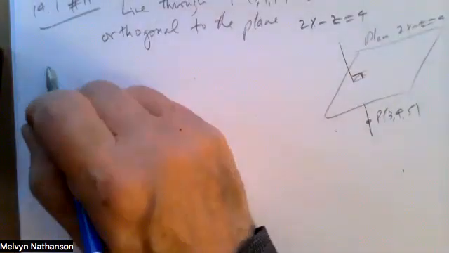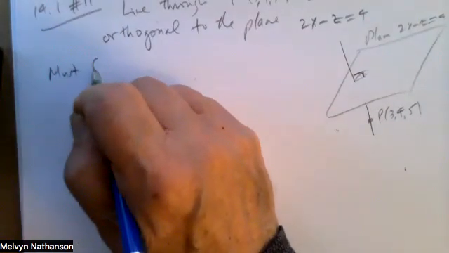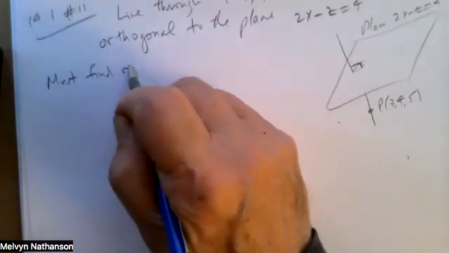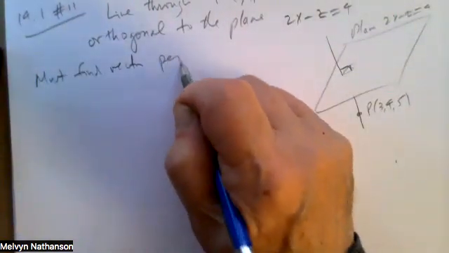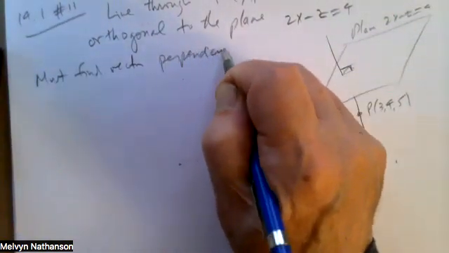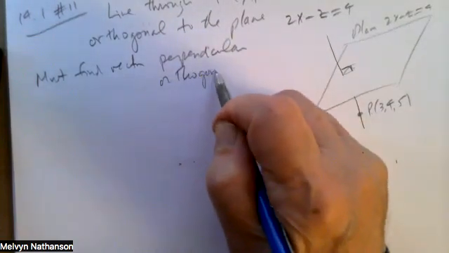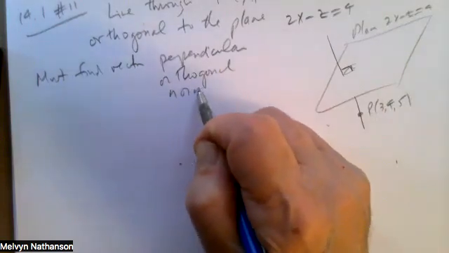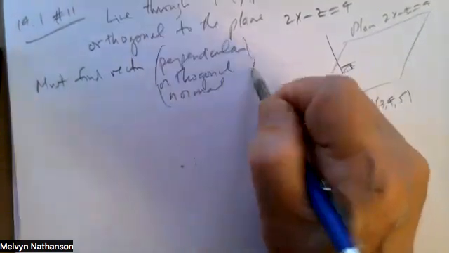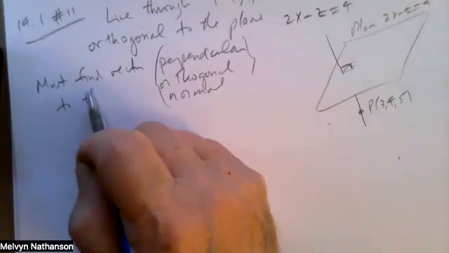So we must find a vector perpendicular, or orthogonal, these mean the same thing, or normal to the plane.